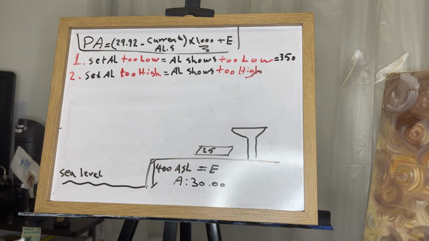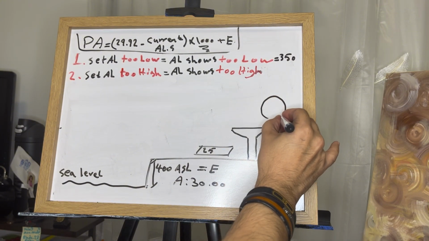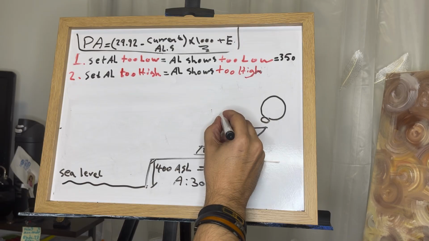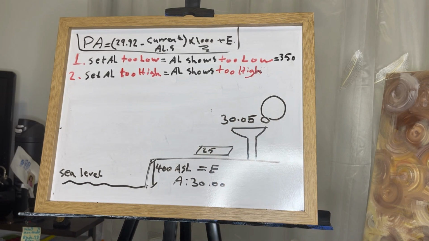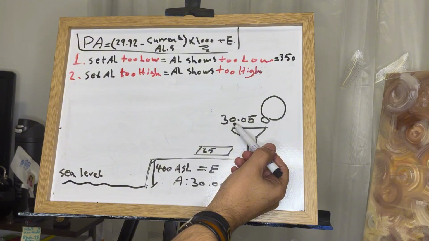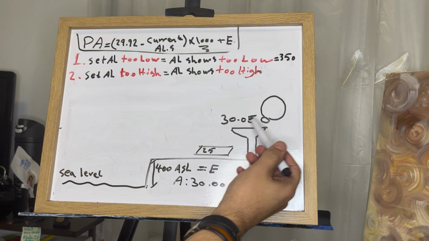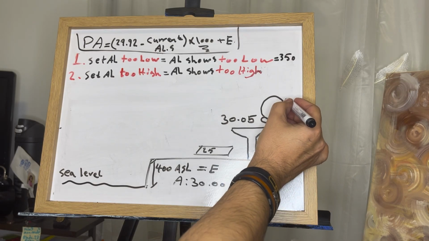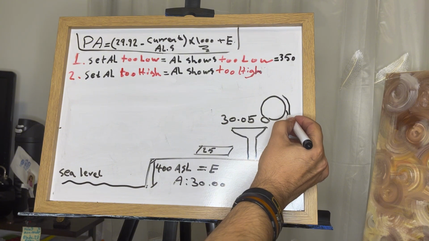When you set the altimeter too high, for example, set the altimeter to 30.05, this number compared to local pressure at this station is higher, so you set the altimeter too high accidentally. The altimeter shows too high, or increasing.